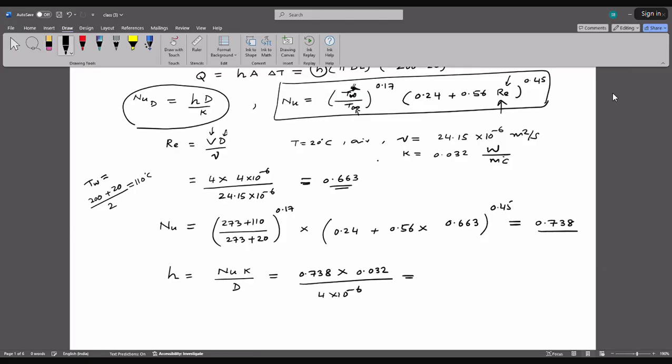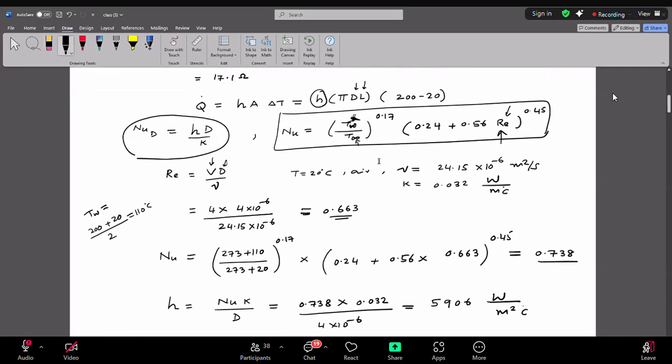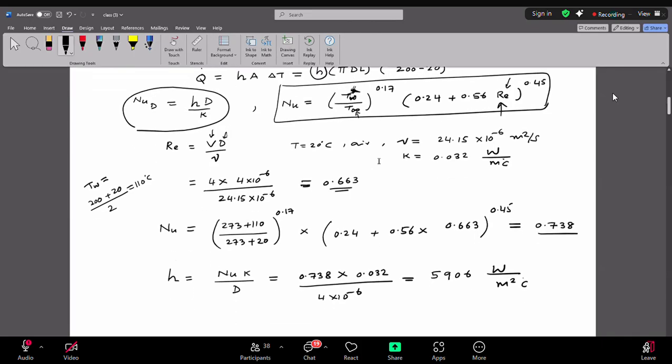That gives you 5906 watt per meter square degree C. So we found the heat transfer coefficient. If we know the heat transfer coefficient, we substitute here and find out the heat loss.